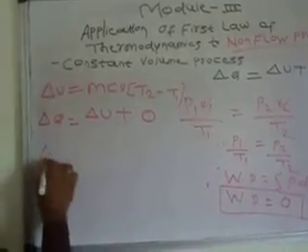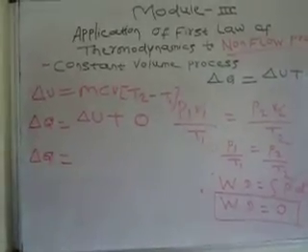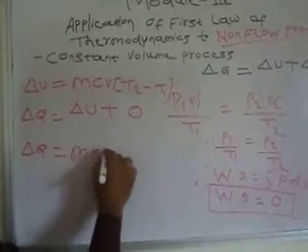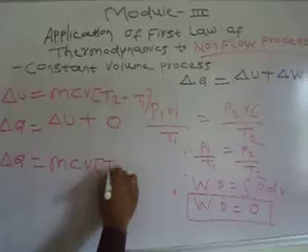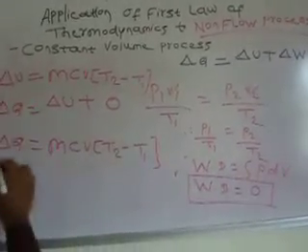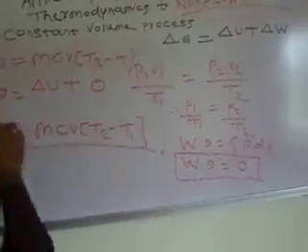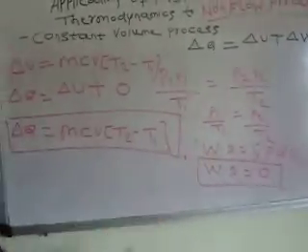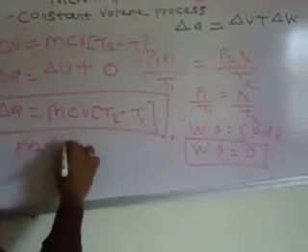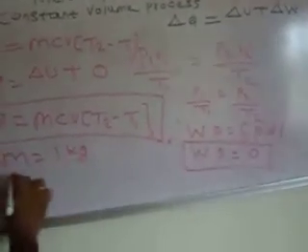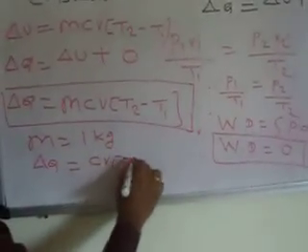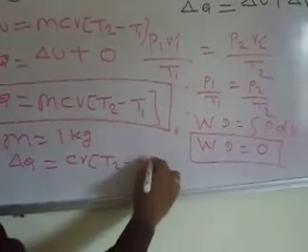So delta Q, the heat transfer in the constant volume process, is given by M CV into T2 minus T1. So this is the amount of heat transfer in a constant volume process. For M equal to 1 kg, this becomes delta Q is equal to CV into T2 minus T1.